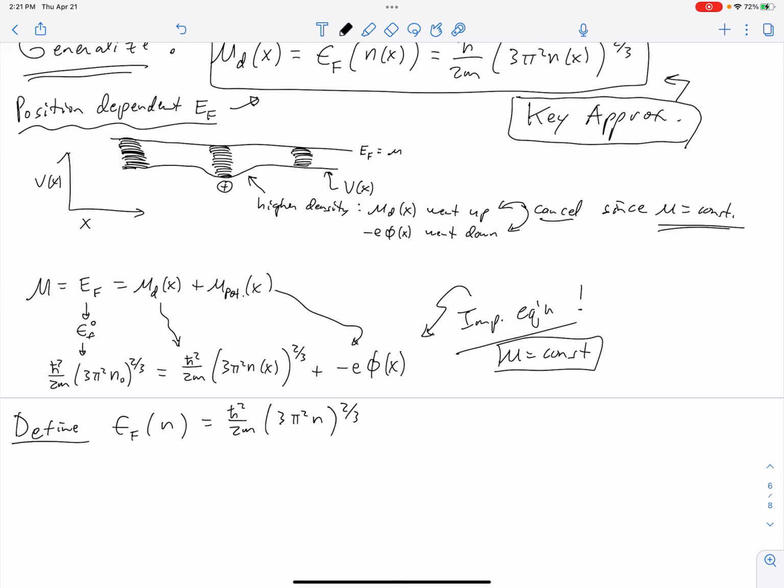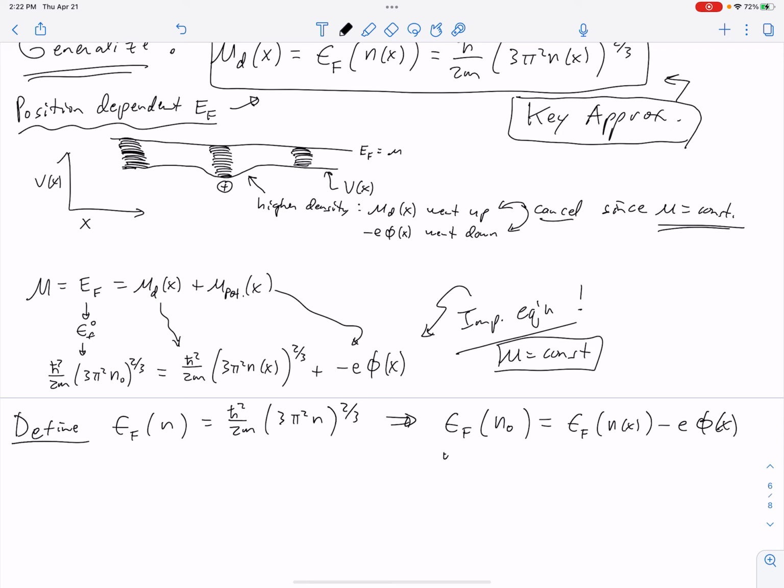Then my equation is basically saying that E F of n naught, the equilibrium or unperturbed electron density, is equal to E F of n of x, a function of n of x, minus e phi of x.